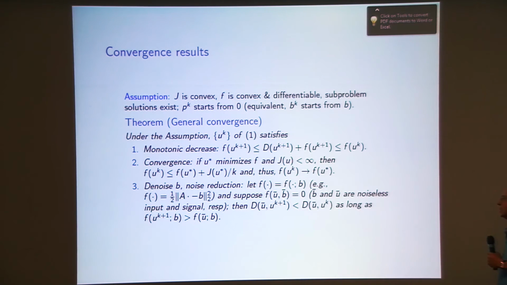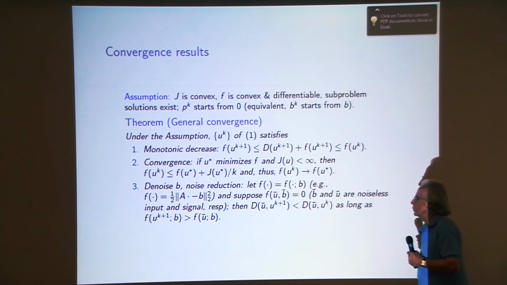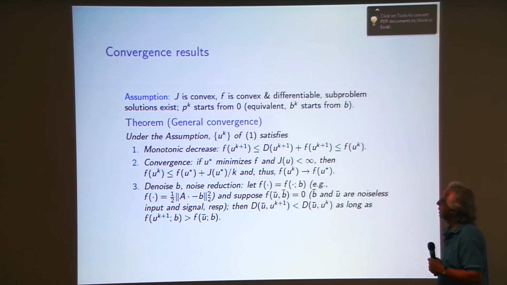If you do this for denoising, which is not the main part of my talk, then the Bregman distance between what you're trying to get, the noise-free image, and what you have is diminishing as long as you're outside of a ball of some radius around the noisy image having to do with the variance of the noise.